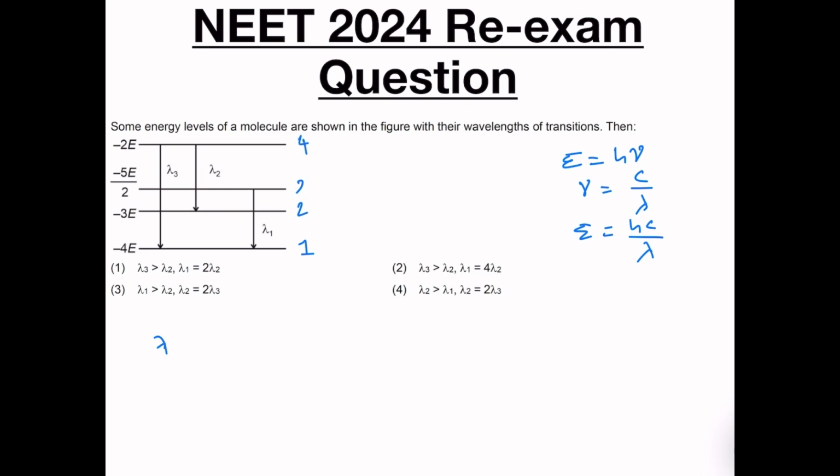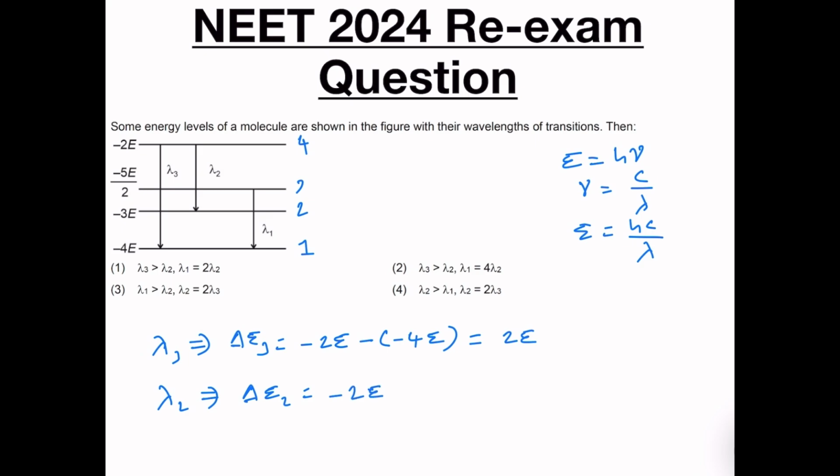So, lambda 3, and that corresponds to, let us say, delta E3, and this means that minus 2E minus 4E, minus becomes plus, so this will be 2E, and then lambda 2, delta E2, minus 2E minus 3E.